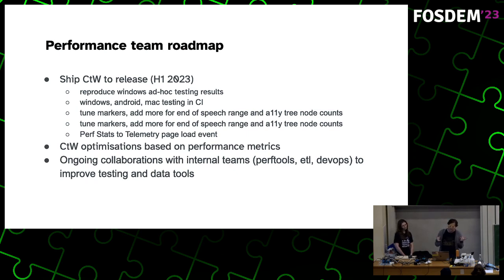Also, we would like to put this into standard continuous integration test infrastructure, tune our markers, and make sure we're measuring what we think we're measuring. Things that we deem successful in a wide variety of web content, we want to push out to public telemetry so that we can measure much larger environments and users.